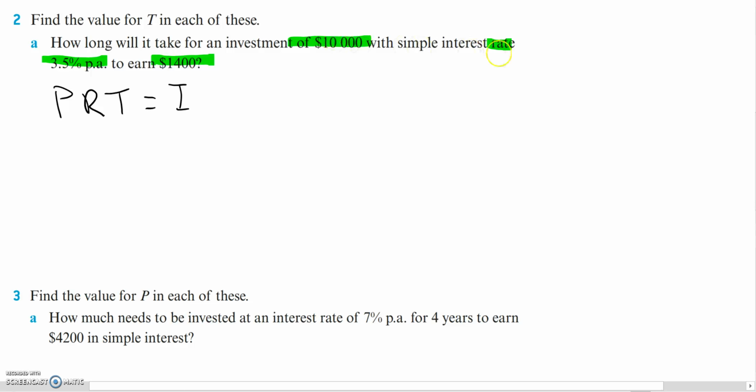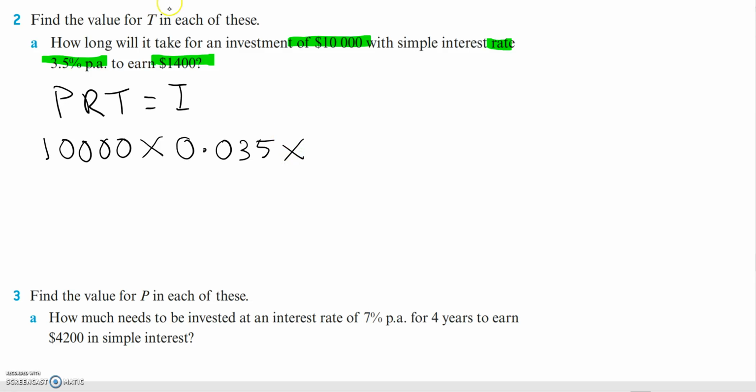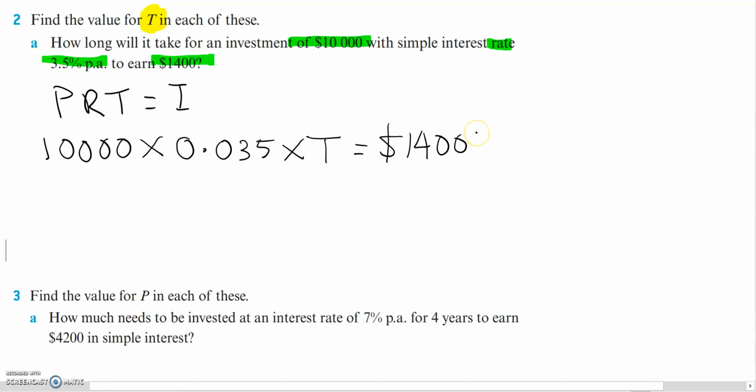So we need to take those values that we've got and plug them into the formula where we see them. An investment of $10,000 is our principal amount, 10,000, multiplied by the rate at 3.5%. So we put that in as a decimal, 0.035, and we're being asked to find time, so we simply leave that as T. And that will give us $1,400 in interest.